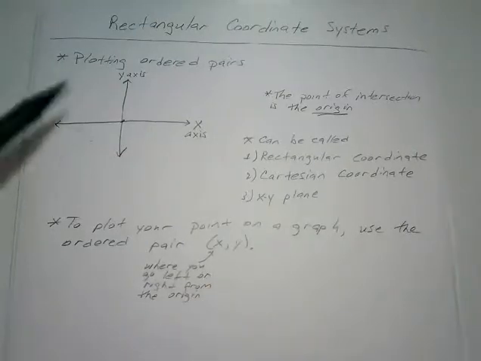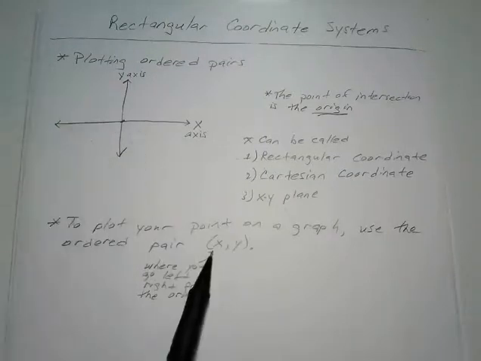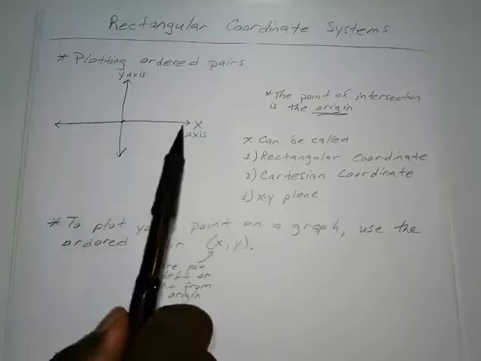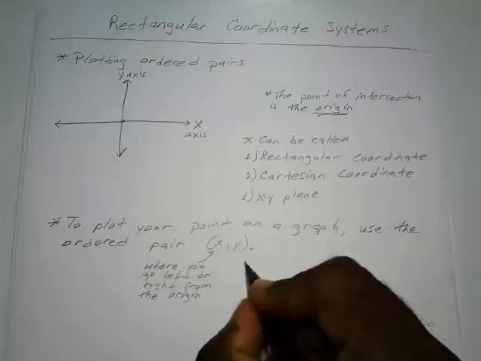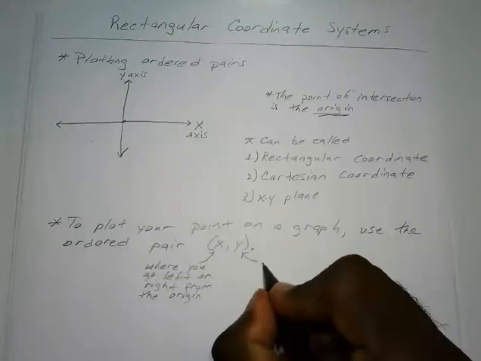Okay, so that means if you're starting right there at the origin, that first element will tell you to go either left so many spaces or right so many spaces. And the y element will let you know where to go up or down from the origin.